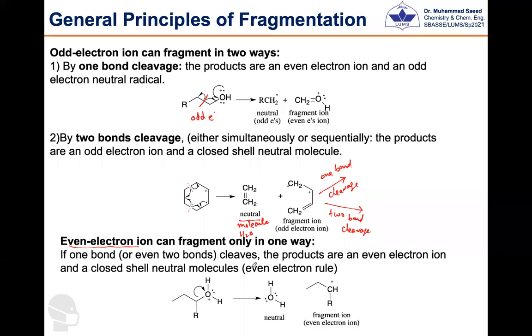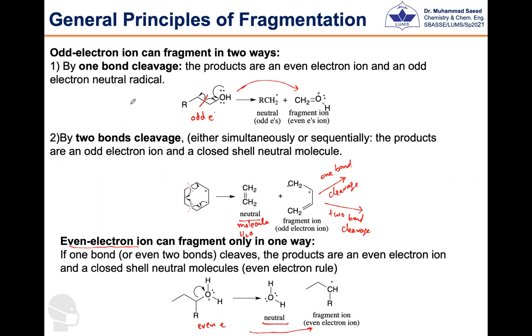And that is when a neutral molecule is eliminated, and we have an even electron system back. So an even electron system will generate an even electron system and nothing else, and a neutral molecule will be eliminated. Whereas an odd electron ion can generate not only the even electron system, but it can also generate the odd electron system. That is a very important distinction between the two types of ions which are generated in mass spectrometry.